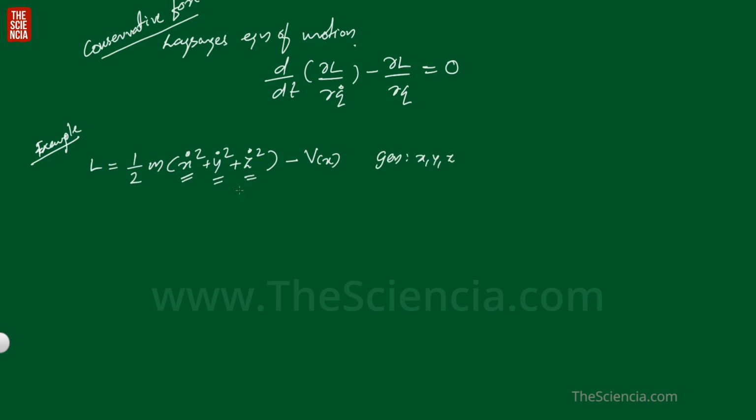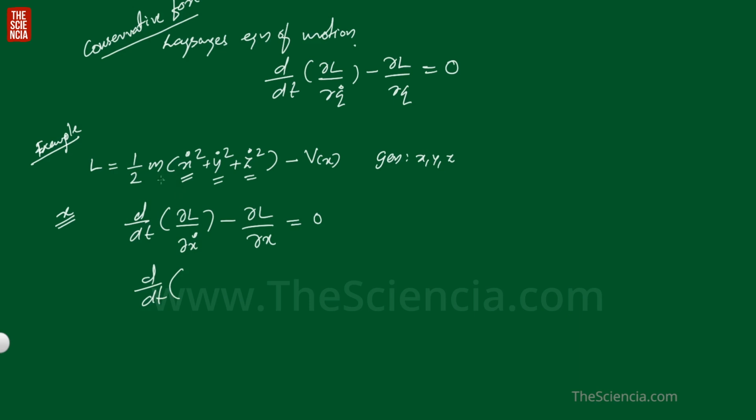Okay, so you see here there are three generalized coordinates, that is x, y and z. I told you how we can find out the generalized coordinate. For a generalized coordinate, it has a dot over it, right? So first we are taking the x coordinate, that is d by dt (dou L by dou x dot) minus dou L by dou x equal to 0. So what is dou L by dou x? We have to find it out, right? So d by dt of dou L by dou x dot.